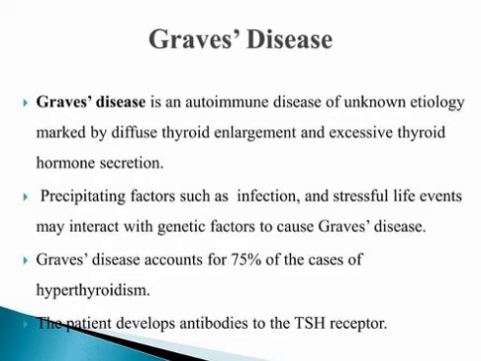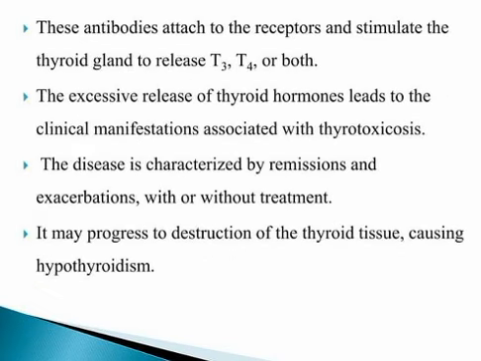Graves' disease accounts for more than 75% of the cases of hyperthyroidism. If an individual is suffering from hyperthyroidism, mostly 75% of the people are affected by Graves' disease. Usually, the patients will develop antibodies to the TSH receptors.